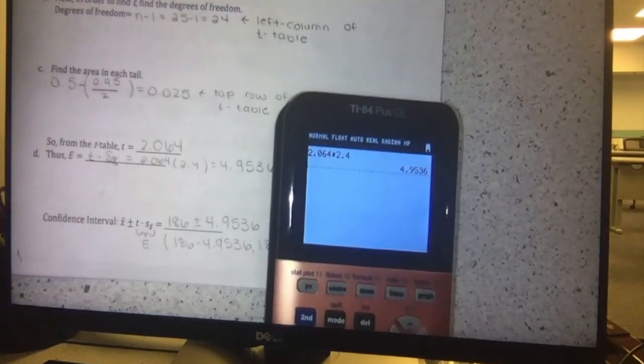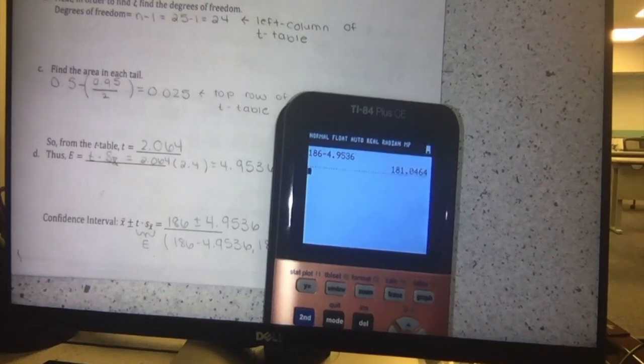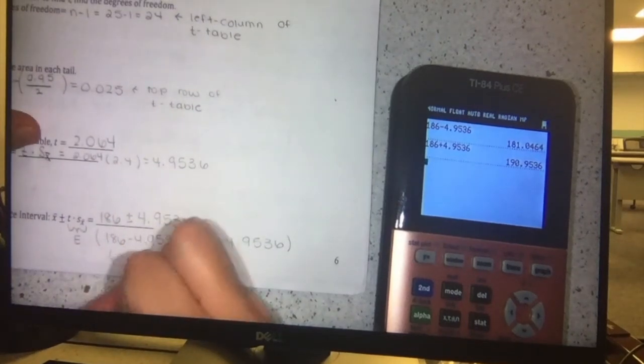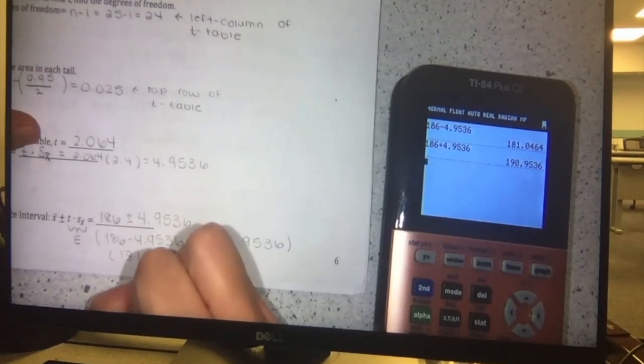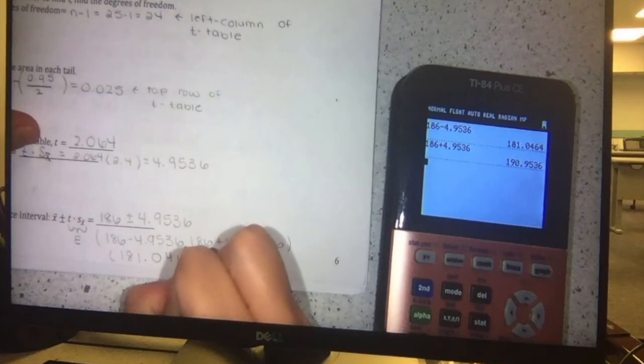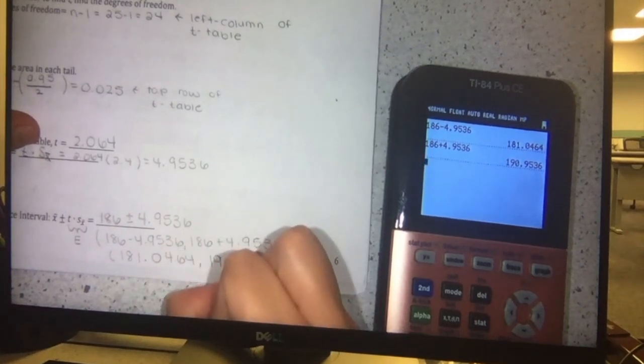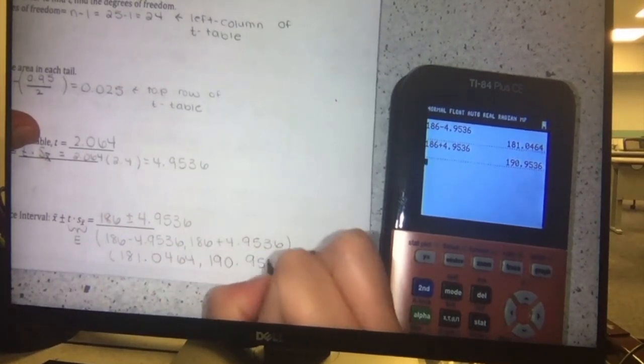So plugging this into our calculator, 186 minus 4.9536, and second enter, 186 plus 4.9536, which will give us our upper and our lower bounds. So our interval is 181.0464, comma 190.9536.